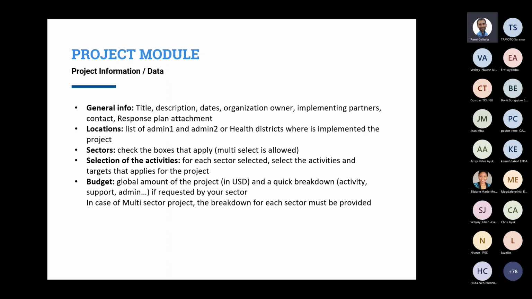Then the budget, you can put the global amount of the project in US dollars. So don't forget the budget according to the current year, so 2023 planning. Use a quick breakdown: activity, support, admin, logistics, etc. You don't need to have the entire budget like you have in your real proposal to the donor.